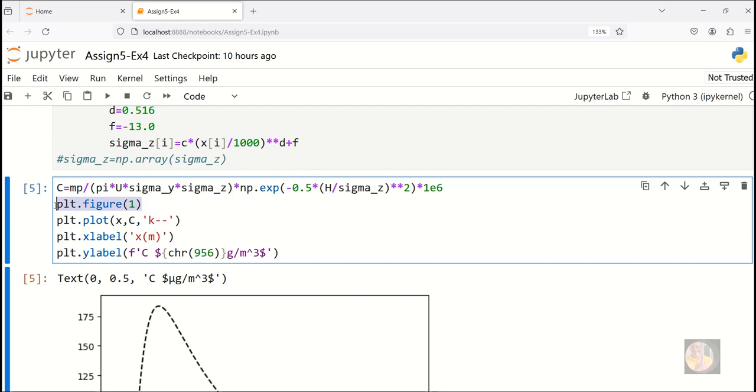Because in practice, if you have a lot of figures and you call them a lot of times, it's better to give them names. Instead of 1, I can call it another 1 as a string, plt.figure, another 1, and it works. In MATLAB, it doesn't work. You should give numbers. And you can do a lot even for your figures.